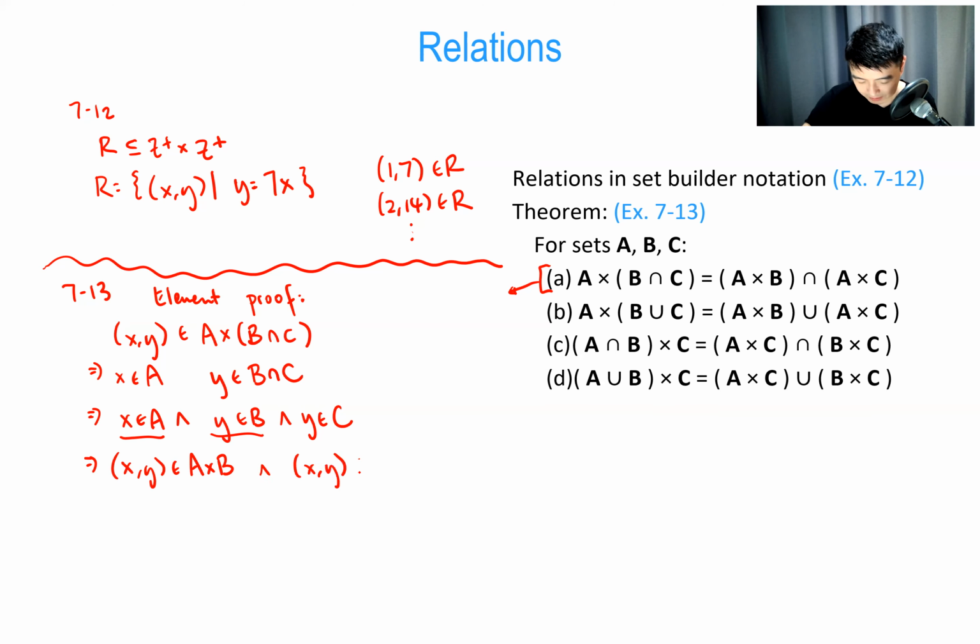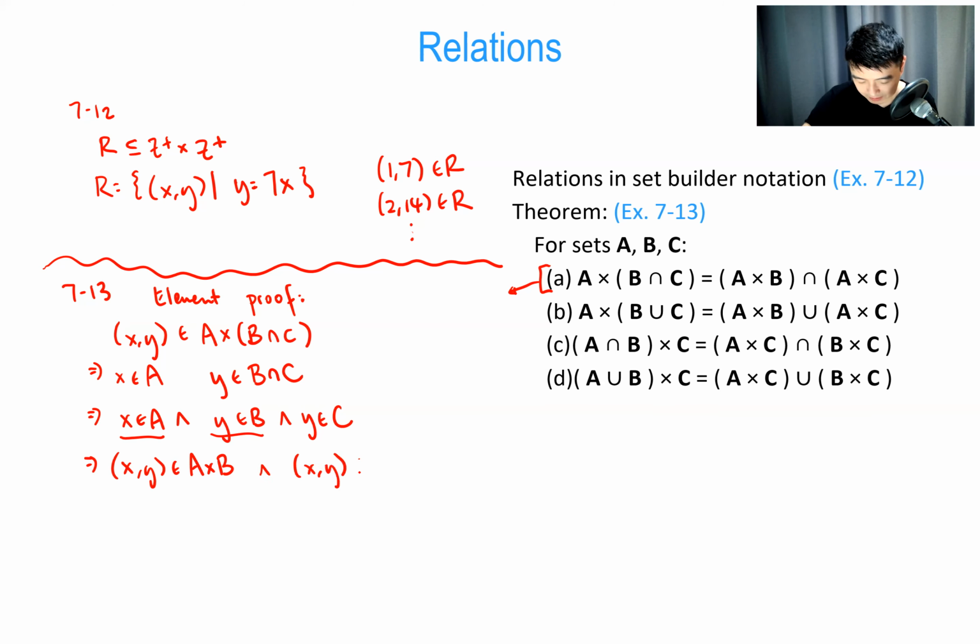Because x is in A and y is in C. So therefore xy must be in A cross C. So what can we gather from that? We can gather that xy must be in A cross B intersect A cross C. And that's it. So there is our proof.